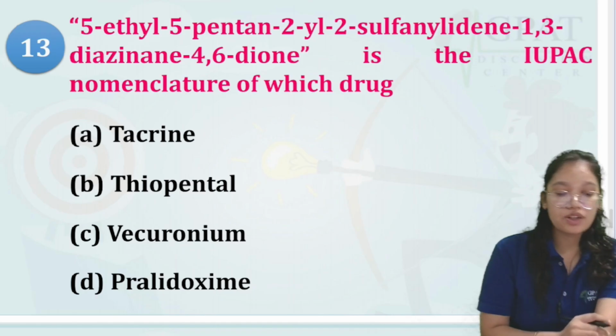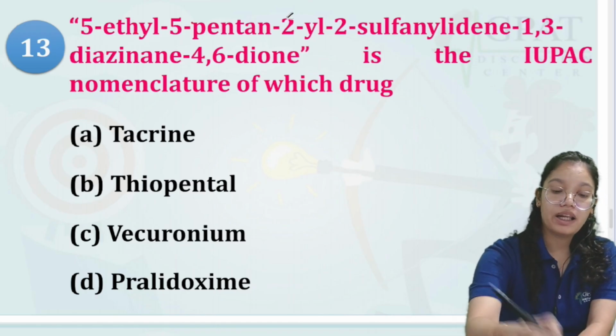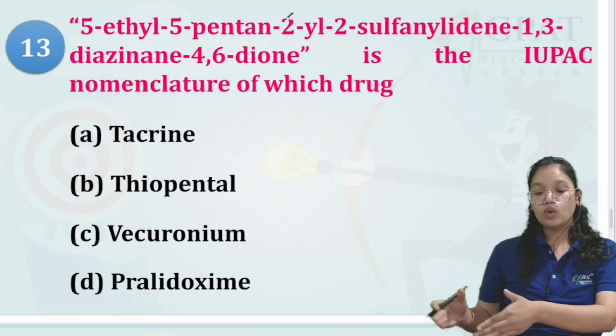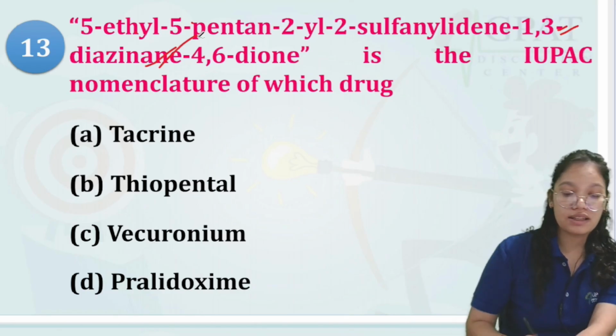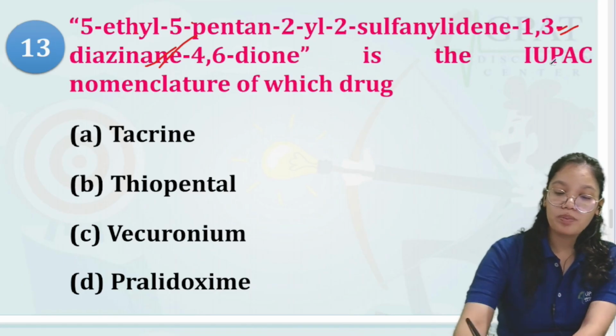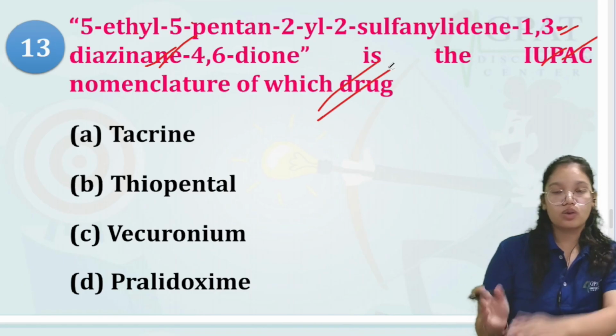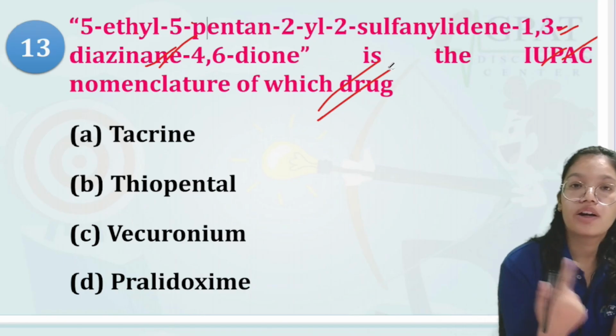Now next we have the question: 5-ethyl-5-pentan-2-yl-2-sulfanylidene-1,3-diazinane-4,6-dione is the IUPAC nomenclature of which drug? So they have given the IUPAC name, which drug is that? We have to test. Let's draw the structure first.